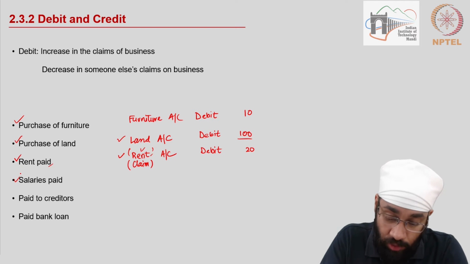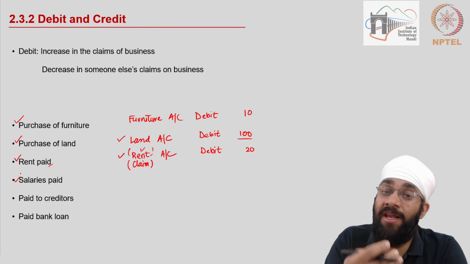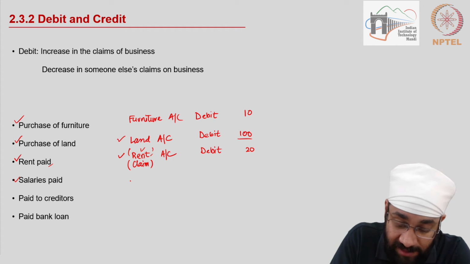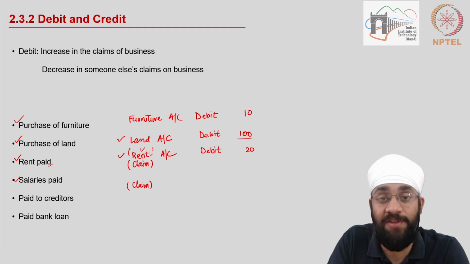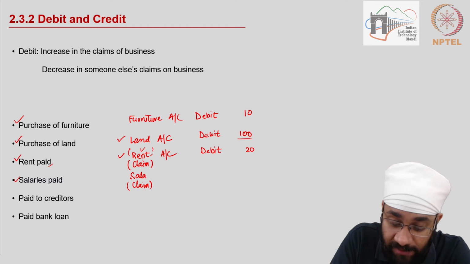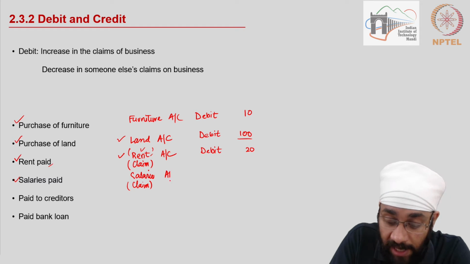Salaries paid, again, you pay in cash. Your claim on cash goes down. However, what you have bought, the right that you have bought, is the claim over the use of services of the employees, and the name for that is salaries. So, salaries account.